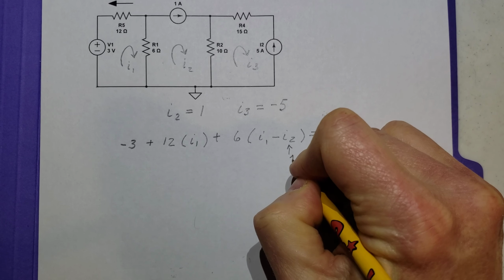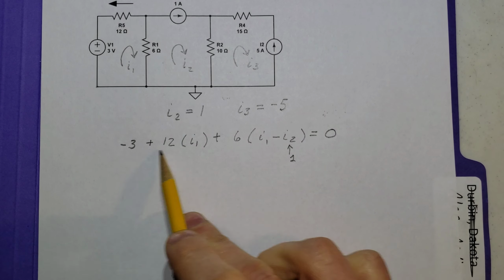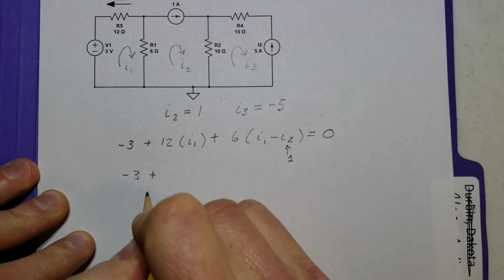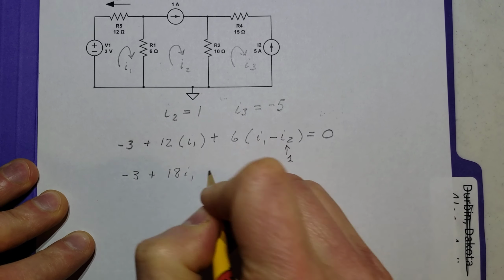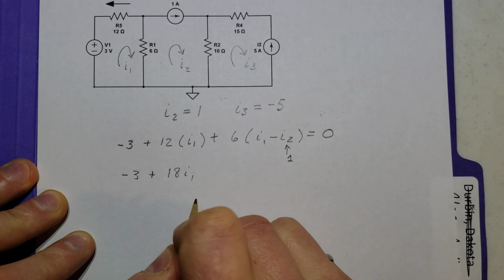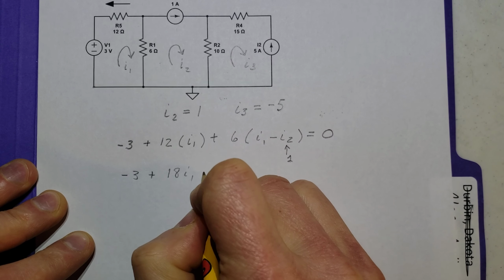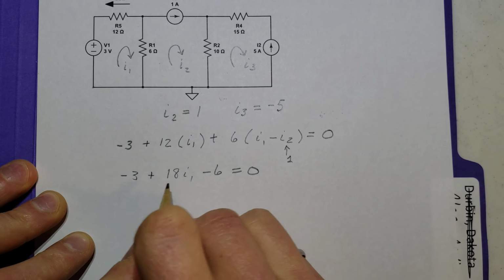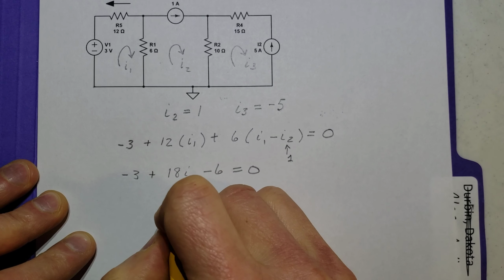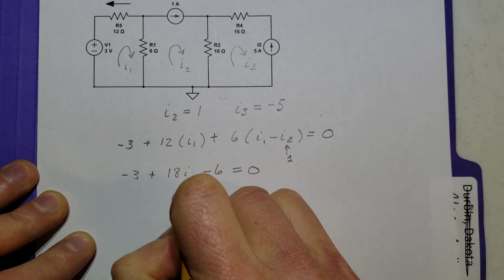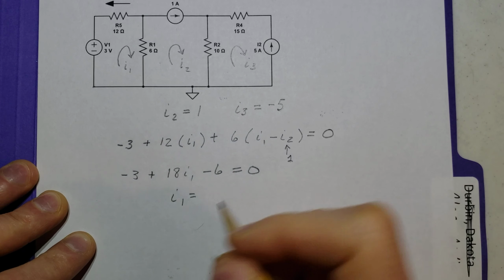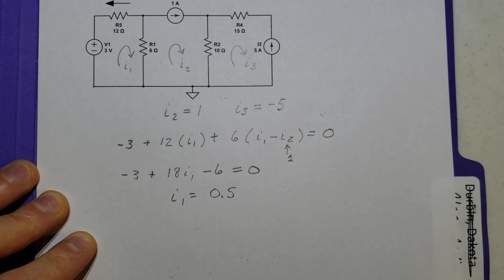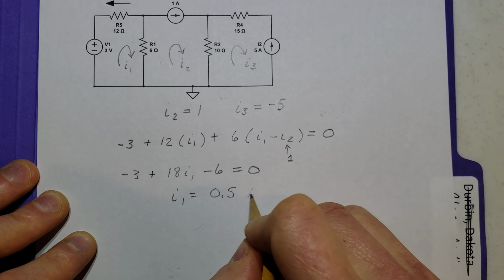I2 is going to be equal to 1. And so this turns into a very easy equation. We get -3 plus 18I1 minus 6 is equal to 0. And when we move these over, we get a 9 on this side. We get I1 is equal to 0.5. And that's a plus 0.5 amps, we can label it.